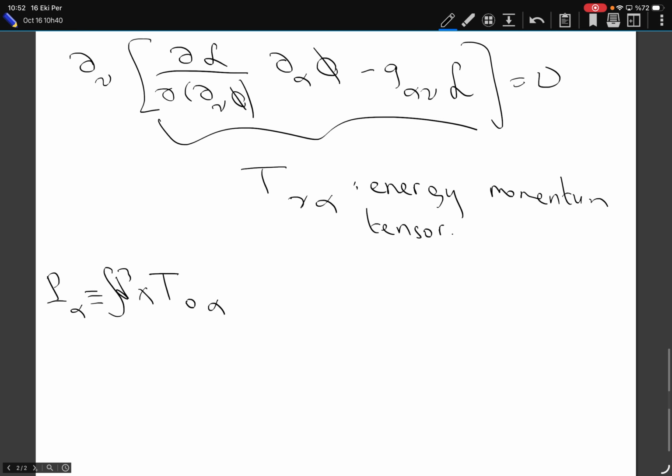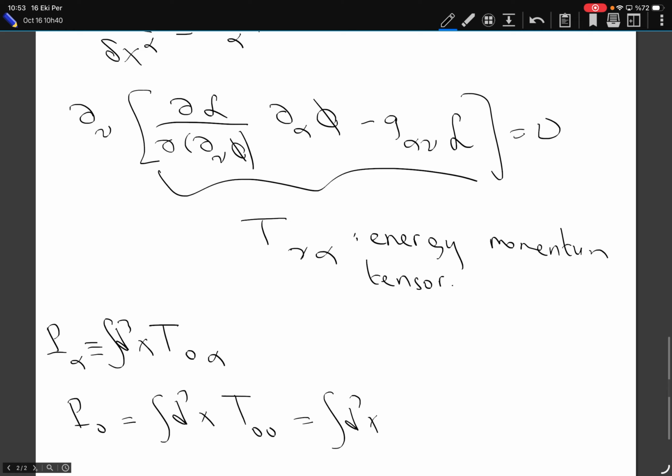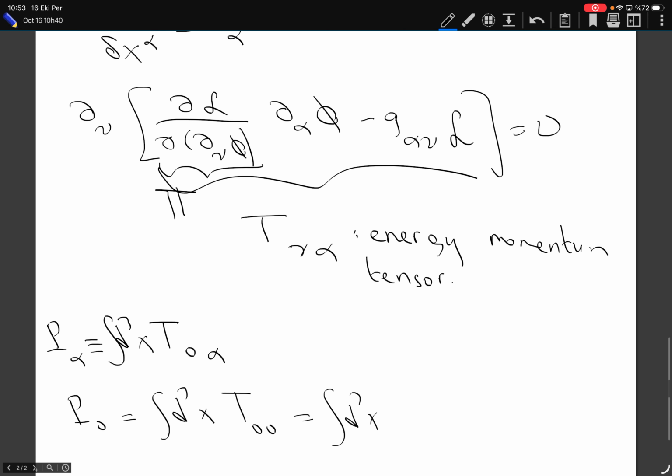Well, in particular, let's look at P0. This is the integral of T00. Well, T00, if you look at this expression, note that this derivative is nothing but the momentum, conjugate momentum to the field phi. This is pi nu.